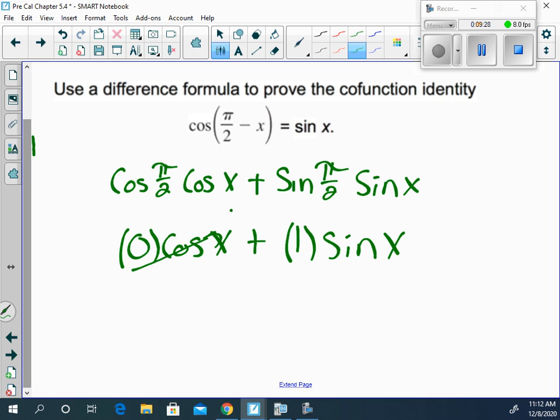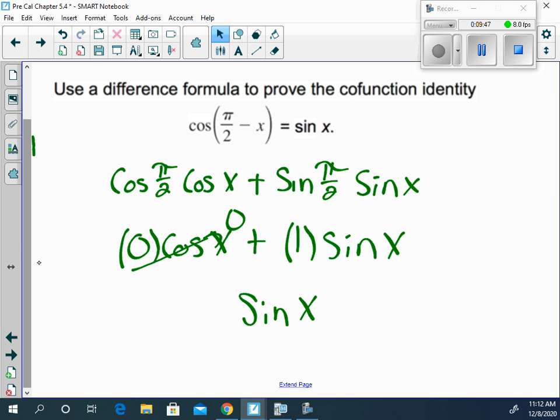This whole first term becomes 0, because cosine is the x coordinate and sine is the y. And we have this here.